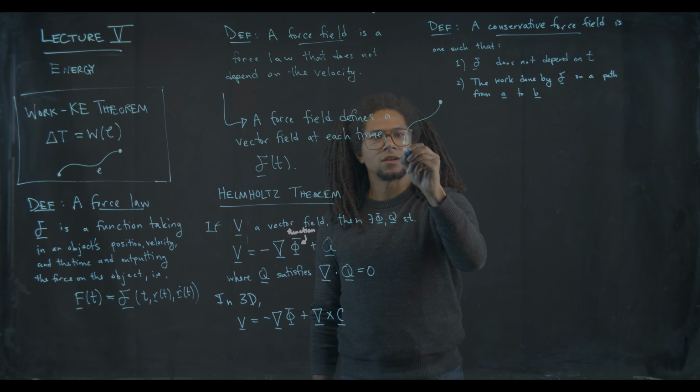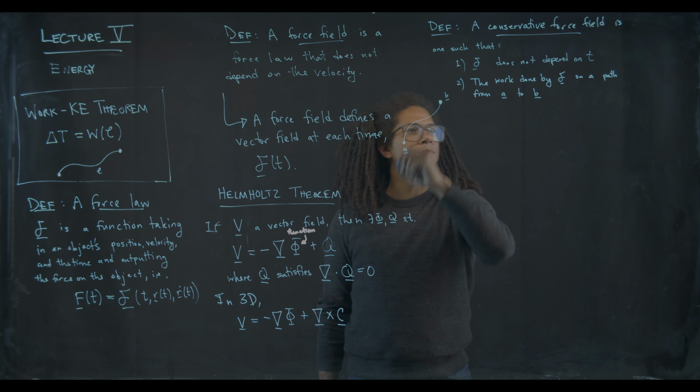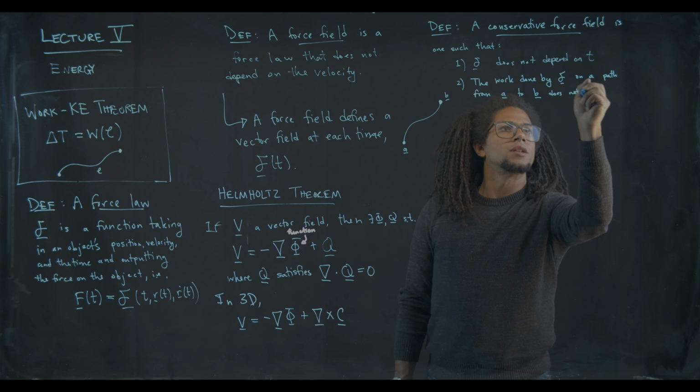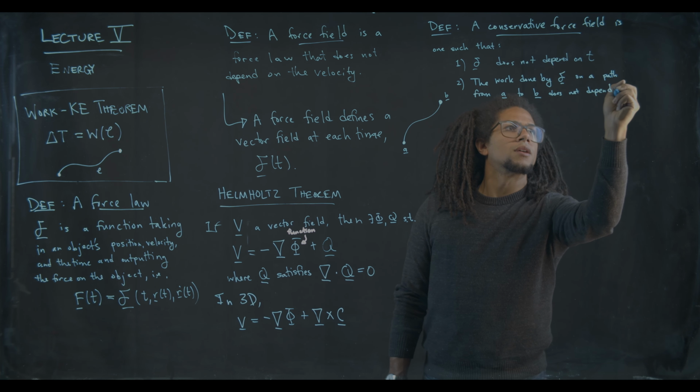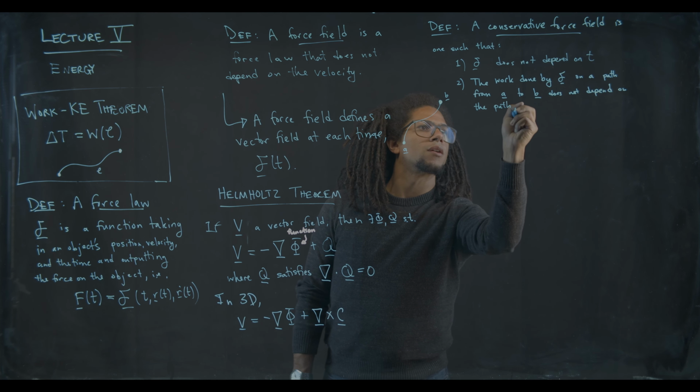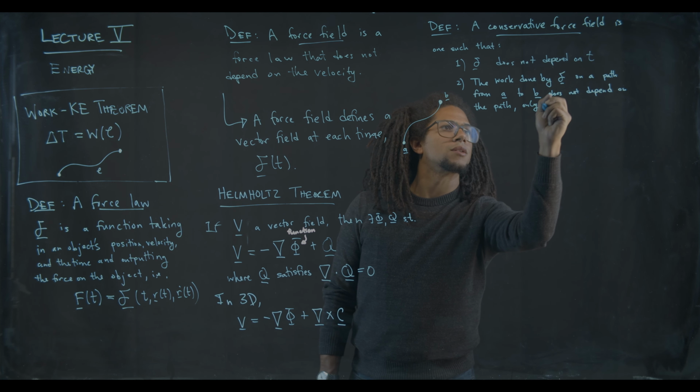So A is going to be some point in Rn, and so is B. Does not depend on the path, only the endpoints.